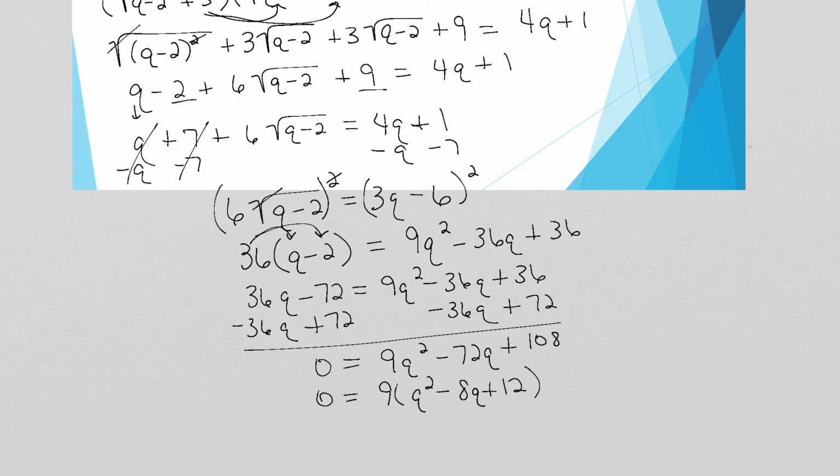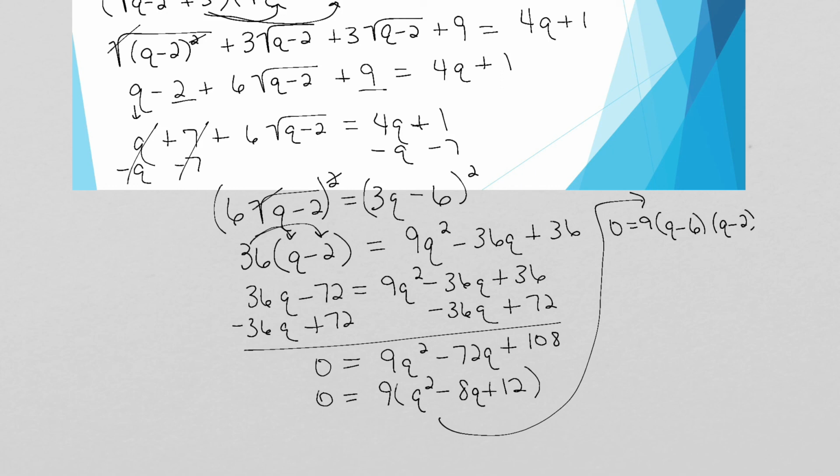Okay, forgive me, I'm going to scoot this over. Nope, it won't let me. So I'm going to go up here. So I've got this thing factors to 9 times q minus 6 and q minus 2.